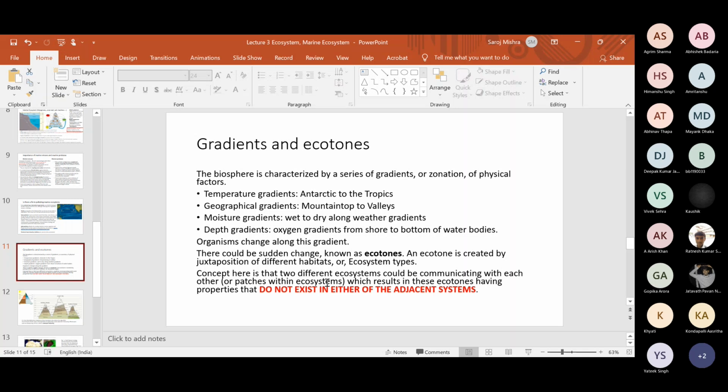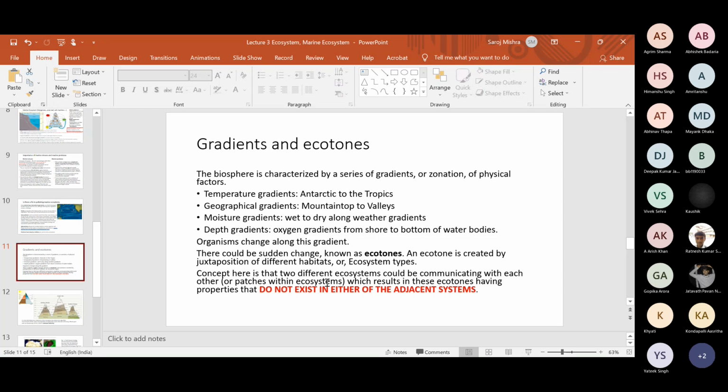In that intermediary zone, there are going to be new kinds of microbes, and these ecotones are very unique places where life forms are highly diverse and highly variable, because they have learned to be on land as well as in the water. That is how the life system is going to be very different along the ecotone.